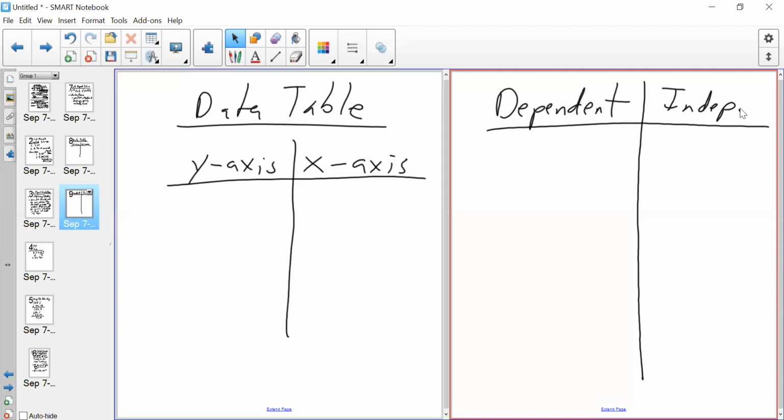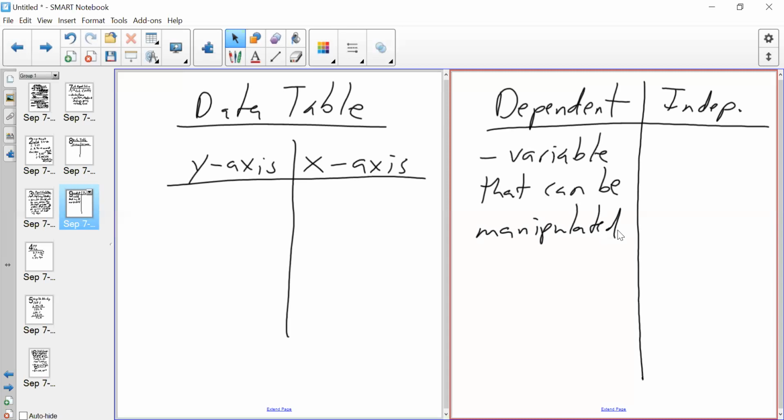So let me just briefly pause at this case. The dependent variable is the variable that can be manipulated. This is the one that you're controlling or you're measuring or you're doing something to. You're manipulating. An independent variable cannot be manipulated; you leave it alone.